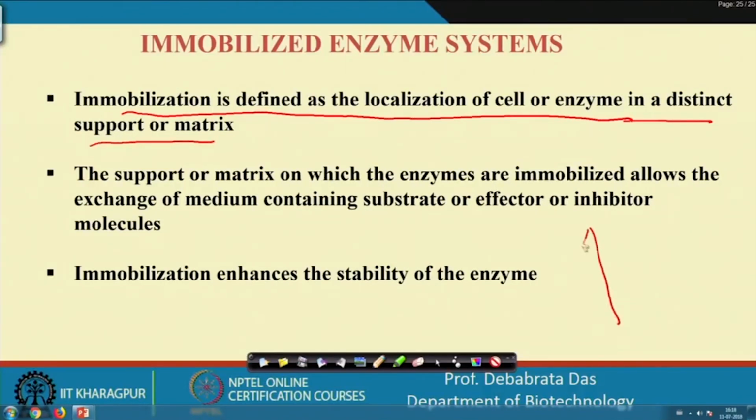What I want to say is, suppose this is a solid matrix and this is the enzyme, which is immobilized on the surface, or maybe the matrix has some kind of pore, and inside the pore the enzymes are located. Or it may be encapsulated inside the membrane. These are the enzymes that we immobilize.